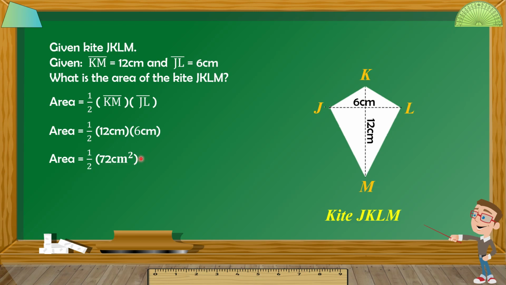Remember that yung unit natin for area ay laging square. So, dito yung unit natin ay centimeter, kaya square centimeter. So, 1/2 of 72, that is 36. So, therefore, yung area ng kite JKLM ay 36 square centimeter. Again, wag niyong kakalimutan yung unit natin na square centimeter dapat.